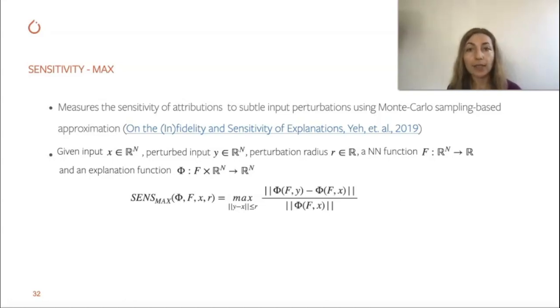Given an input x, its perturbation y on the radius r, a neural network function f, and explanation function phi, sensitivity max is defined as the maximum distance between the attributions with and without perturbations, normalized by the norm of the explanations. Lower sensitivity score means that the explanations are more robust and less sensitive to small input perturbations on the radius r. Also, note that although this equation and formulation is for input features, we could extend it and also apply it to internal neurons.